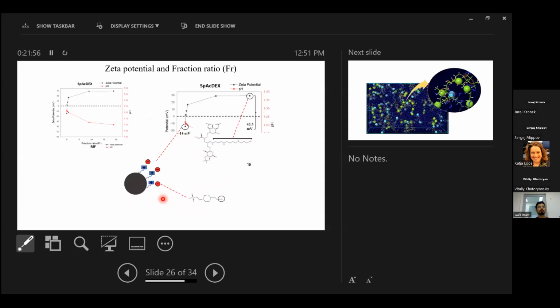Through simulation studies, we found that here as well there's an interaction between these amine chains and the sulfonate moiety because of the ionization, and therefore it caps its charge. On the opposite hand we have the hydroxyl group, which may lead to this slightly negative zeta potential.